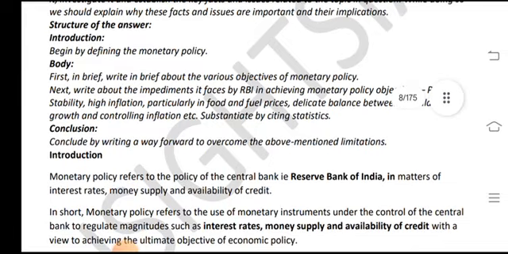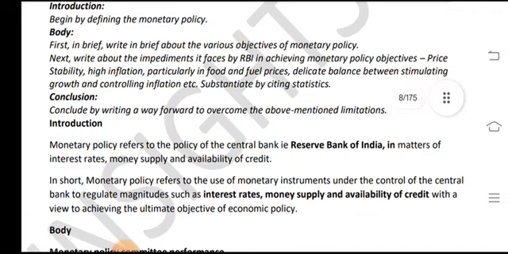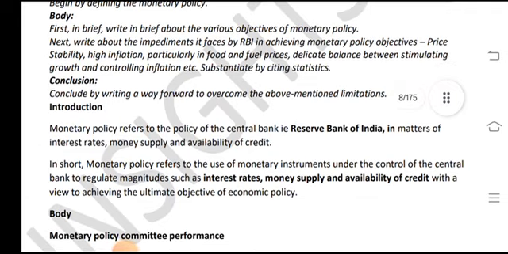Introduction: begin by defining monetary policy in brief, and write briefly about the various objectives of monetary policy.